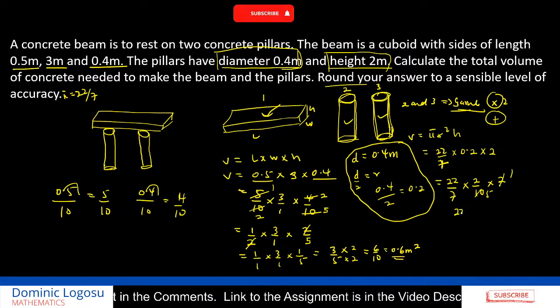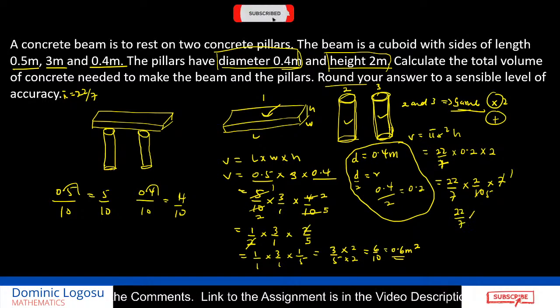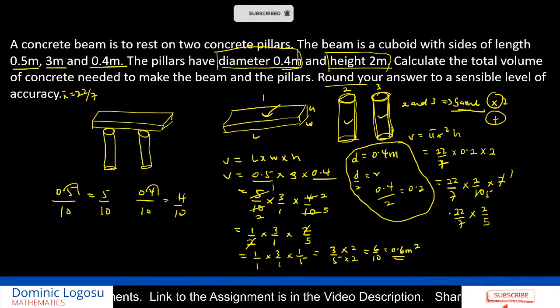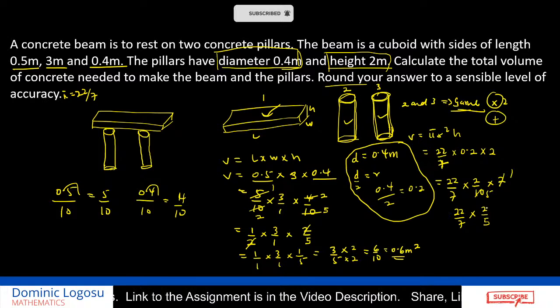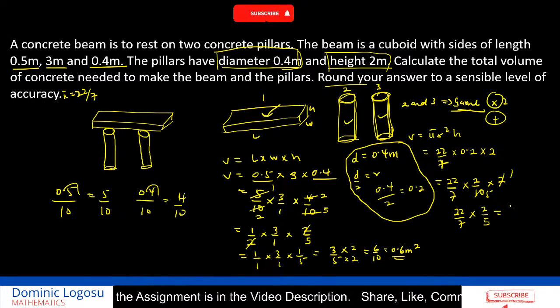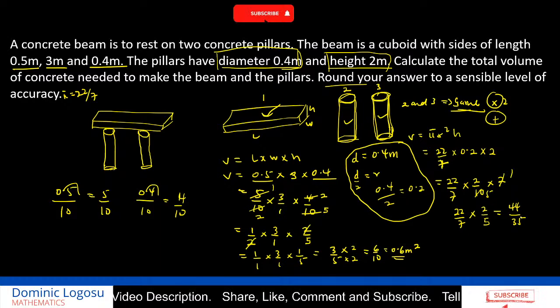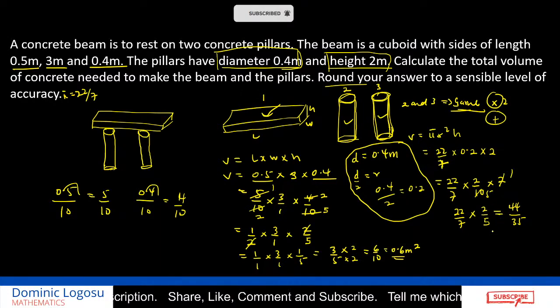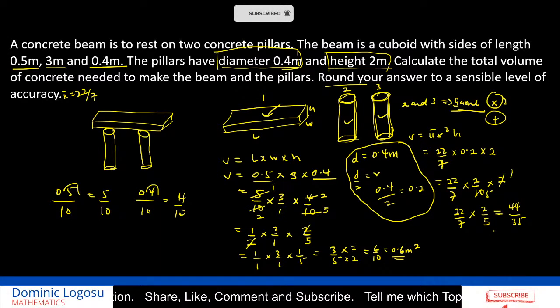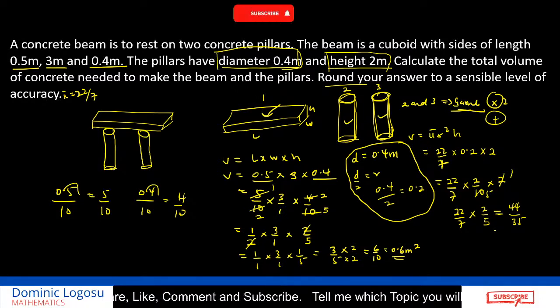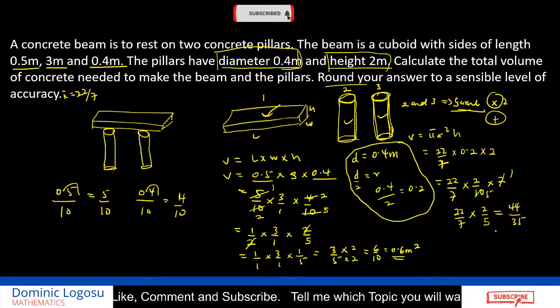So now we'll have 22 over 7 times 2 over 5. I don't think we can do any form of cancellation. So when we go ahead, we should have 44 over 35. Solving for 44 over 35, what do you think will be the answer, in decimal form?